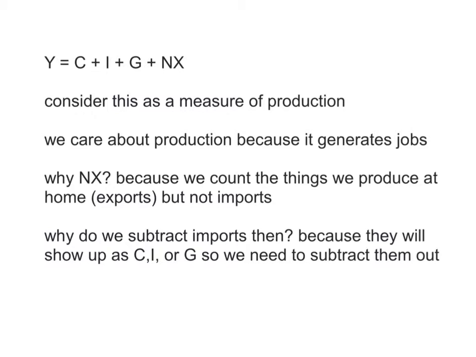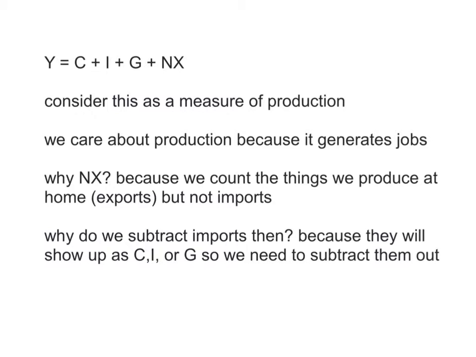But what about NX? Well, NX is exports minus imports. We understand that exports have to be produced. Therefore, producing exports is a valid component. Why do we subtract imports? That's the puzzling thing. We subtract imports because if we import a car, let's say, that would cause C to go up, measured consumption to go up.